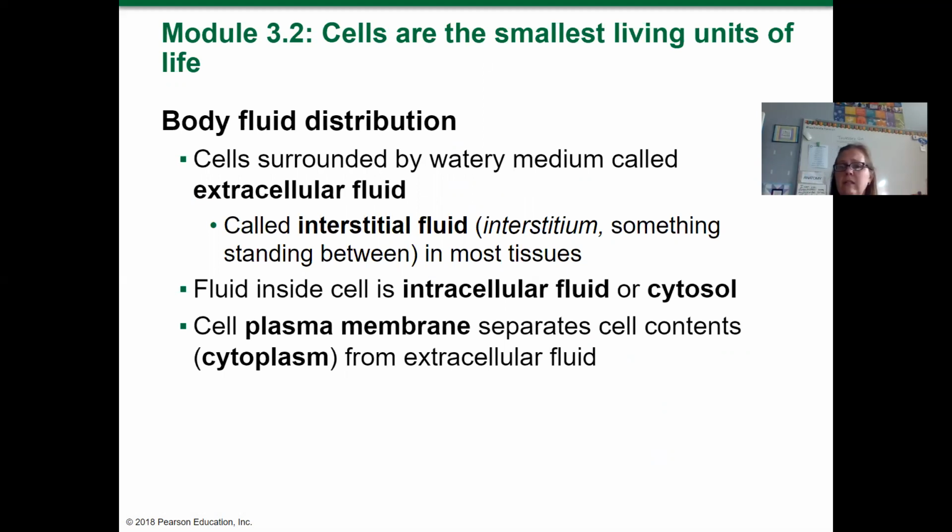So in certain areas, the extracellular fluid can also be called interstitial fluid. And that's most tissues, but not all tissues. Some tissues have a special name for their extracellular fluid. Inside is called the intracellular fluid or cytosol. You probably heard of it called the cytoplasm, although it's not exactly the same thing. A plasma membrane is the barrier between extracellular and intracellular.